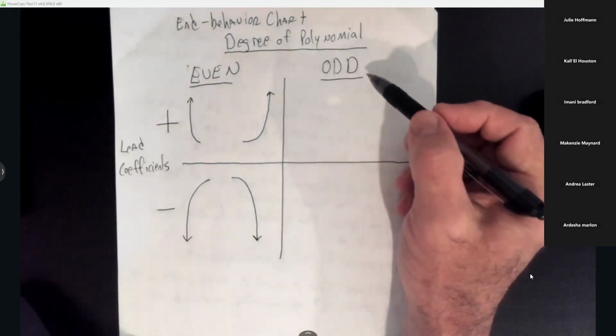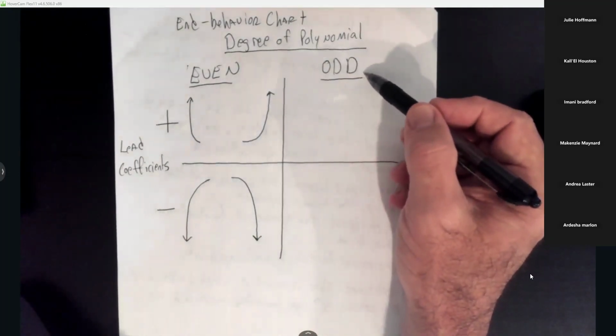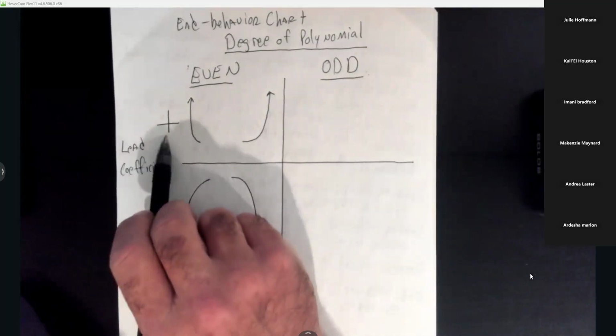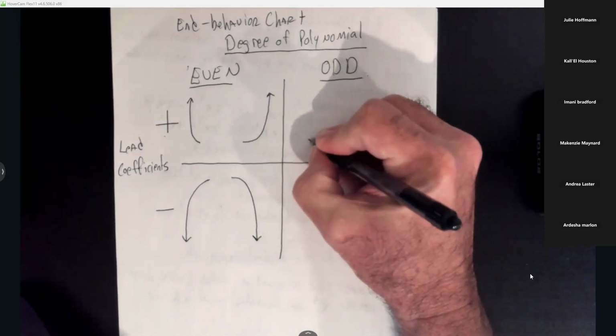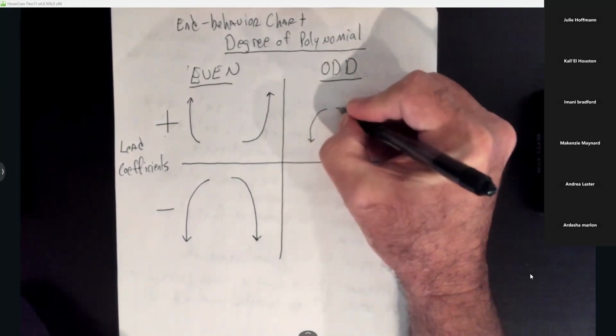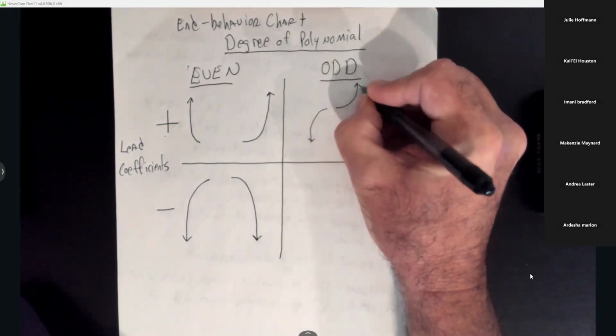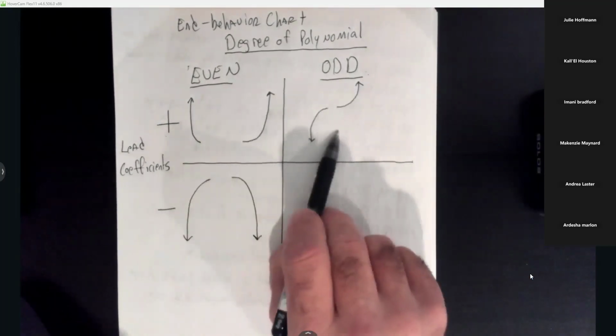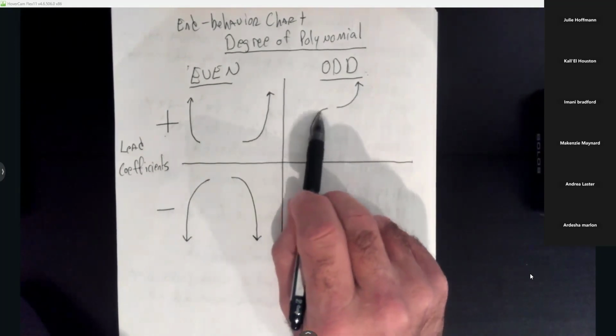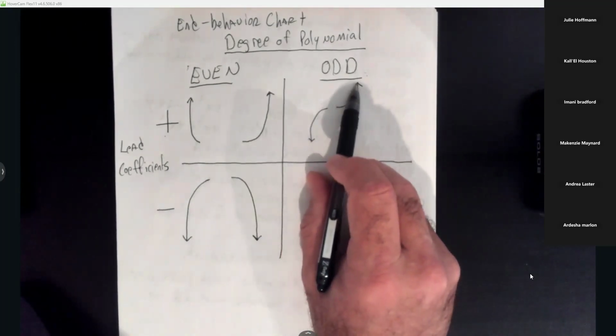So then we got the odd. If they're odd degrees and positive lead coefficients, these were the ones that sort of look like them little squiggly lines going uphill. So if it's an odd degree and a positive lead coefficient, then it's going to sort of go uphill left to right.